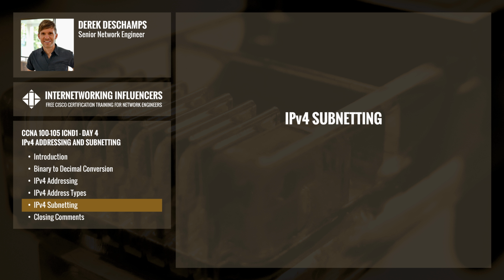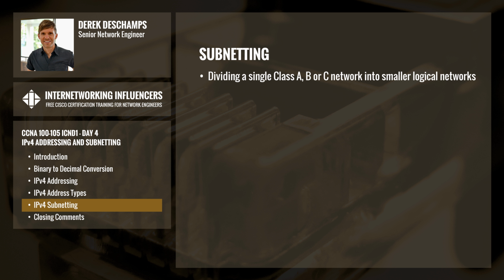There are times when a Class A, B, or C default subnet mask may not be the right size for the number of networks or hosts required. This is where subnetting comes in. Subnetting is the act of dividing a single Class A, B, or C network into smaller logical networks.